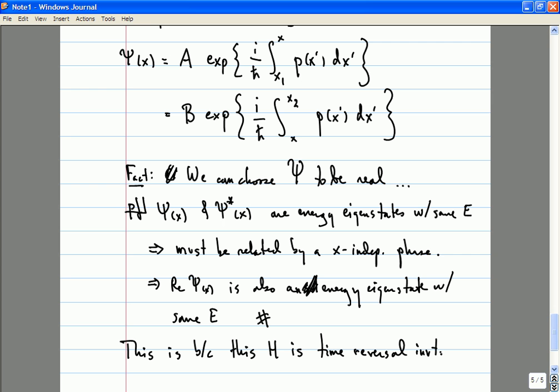In particular, the equations of motion don't change if I take t to minus t. And so we'll prove later in this course, in fact, you may prove it on a problem set, that whenever the Hamiltonian is time reversal invariant, it's possible to choose the energy eigenstates to be purely real.